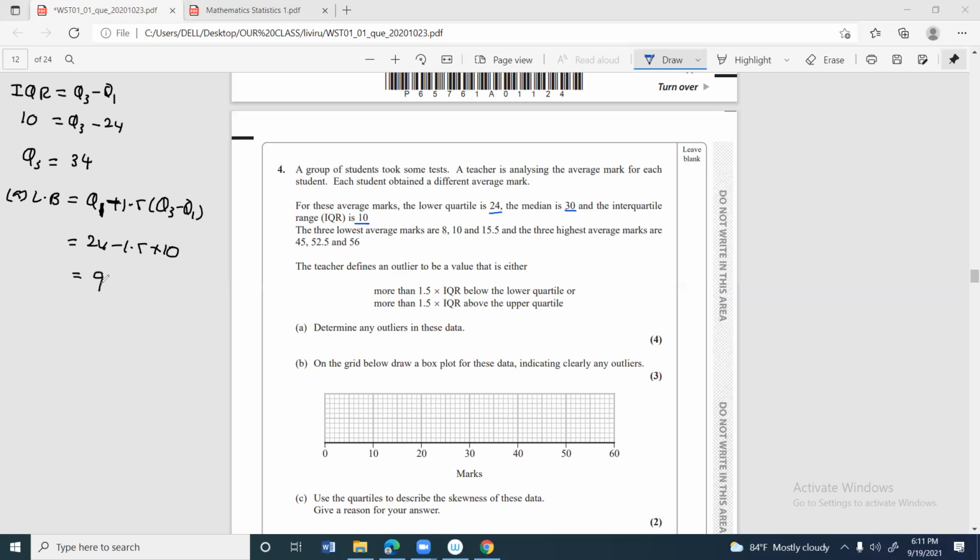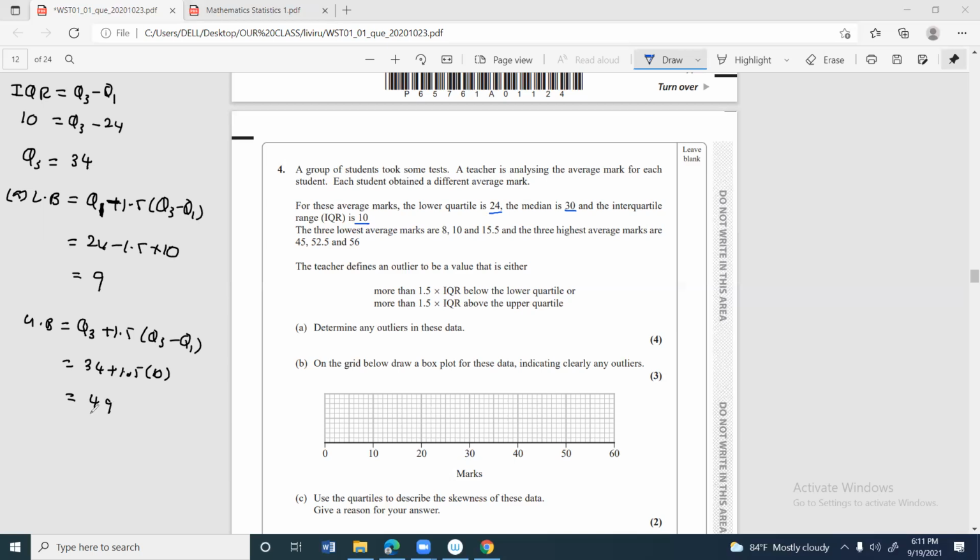So the lower boundary is 9, and the upper boundary is Q3 plus 1.5 times (Q3 minus Q1). Q3 is 34 plus 1.5 times 10, which is 34 plus 15, giving 49.